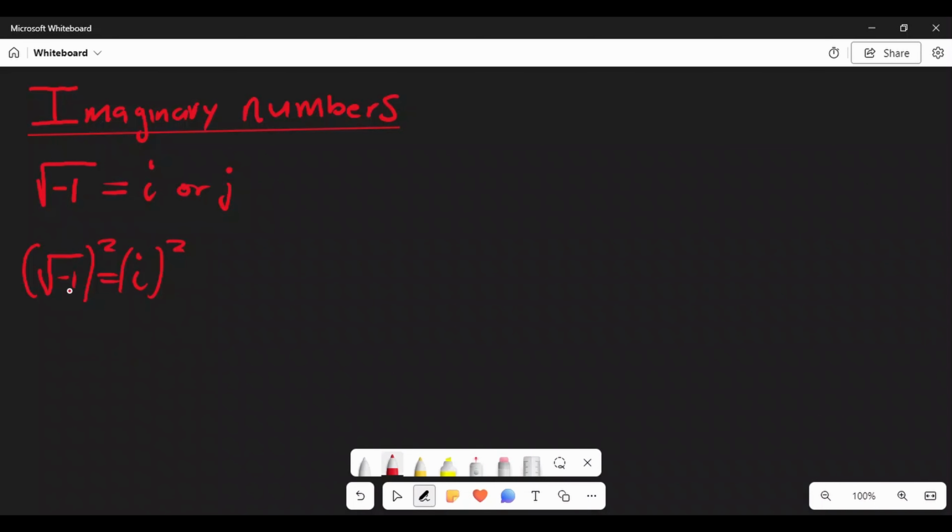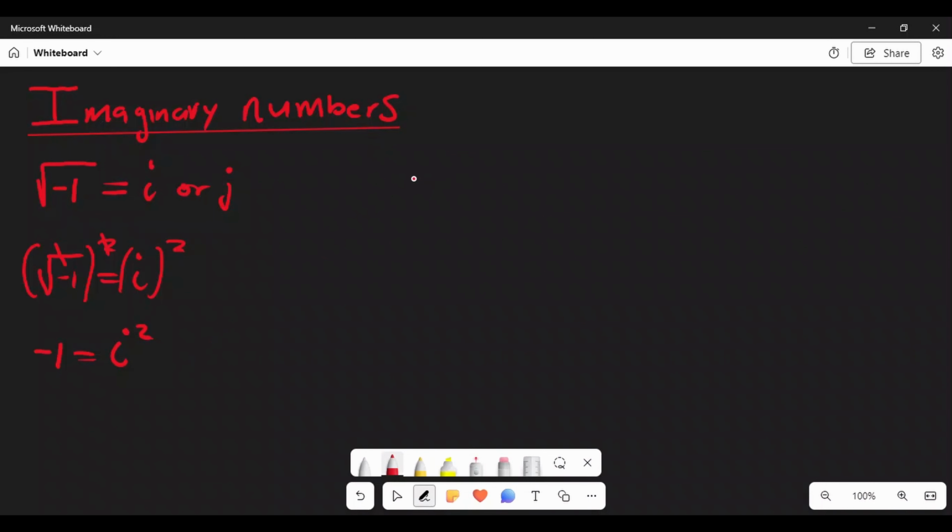We're also going to square i on the right hand side. The square root and the square give you the power of 1, so you're left with negative 1, meaning that i squared is equal to negative 1. If you see i squared anywhere else, it means that the answer is negative 1.